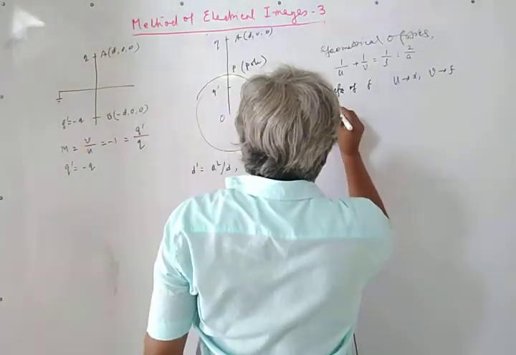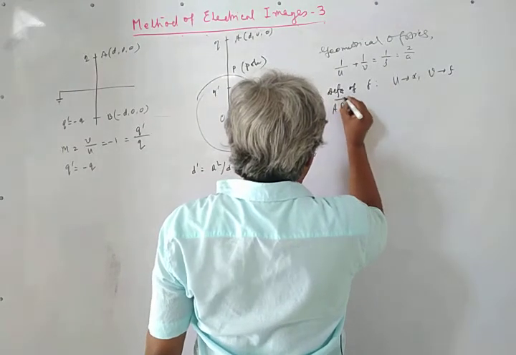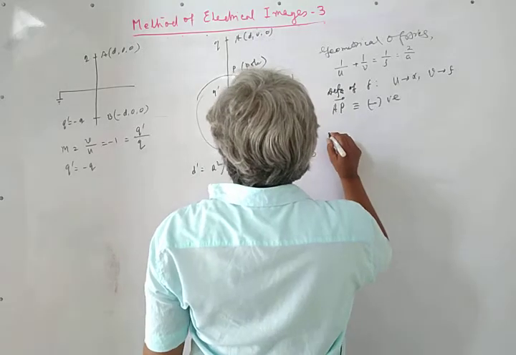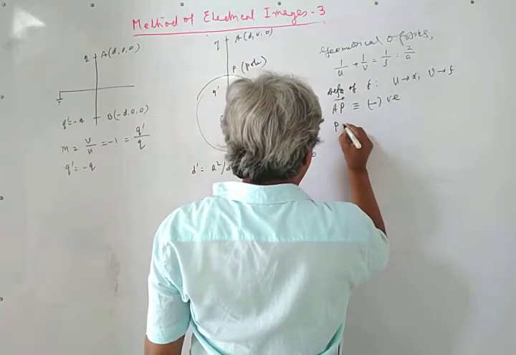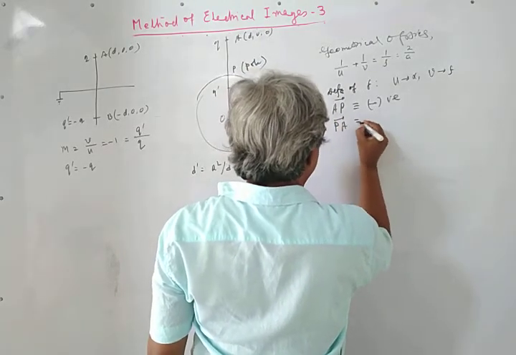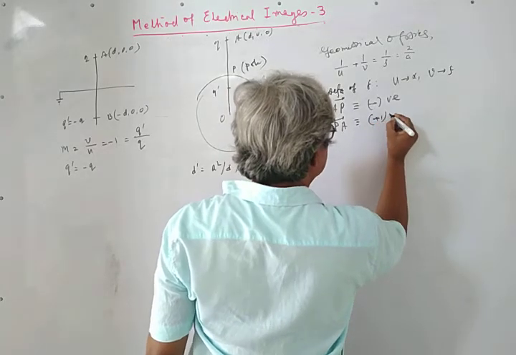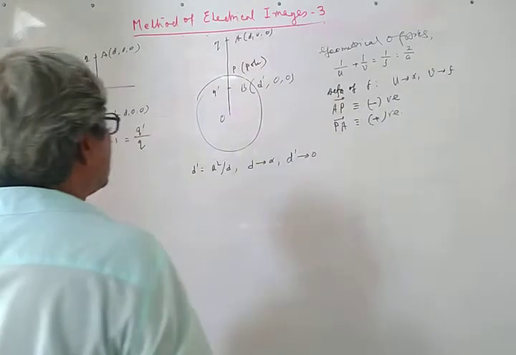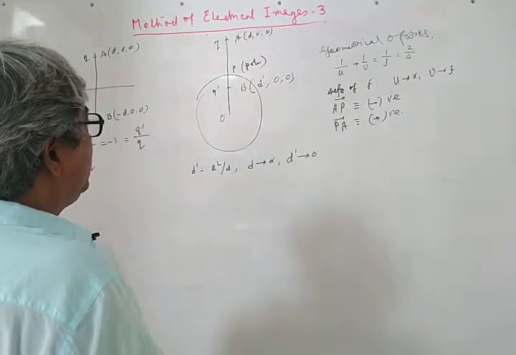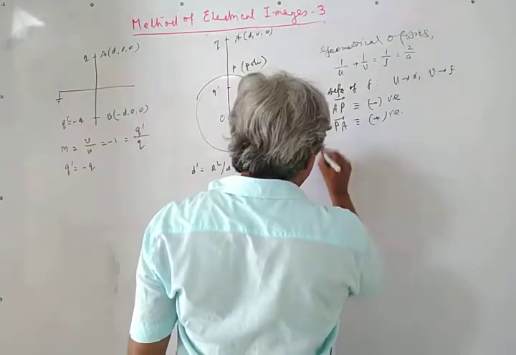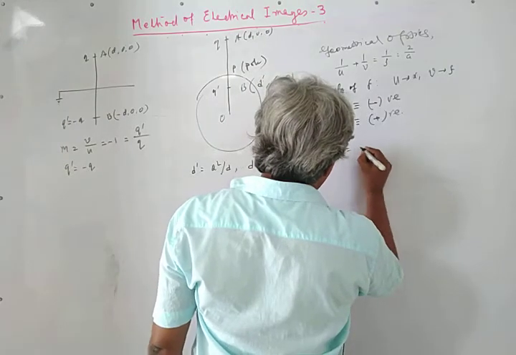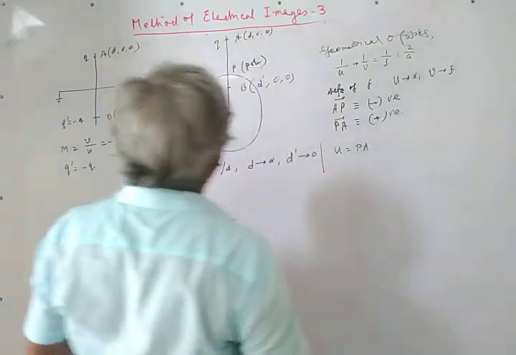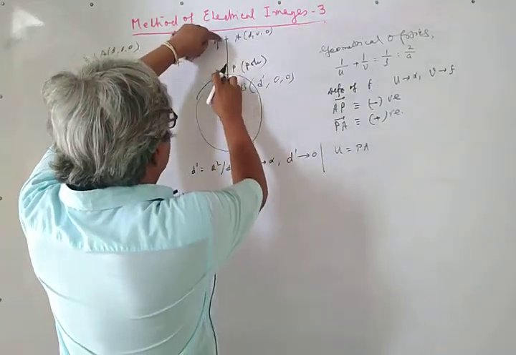So the AP direction is the negative direction and the PA direction is the positive direction. This is the sign convention that we use. So the image position U is equal to PA. This is obviously positive. PA, this much is the image distance.